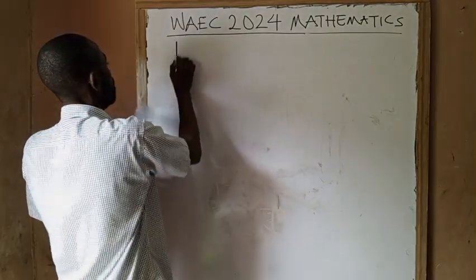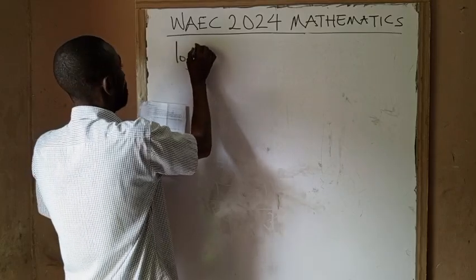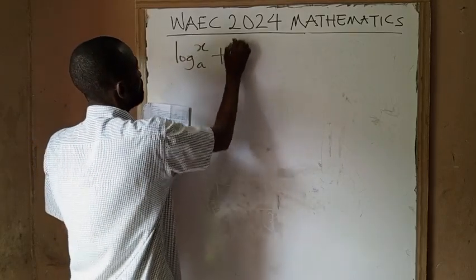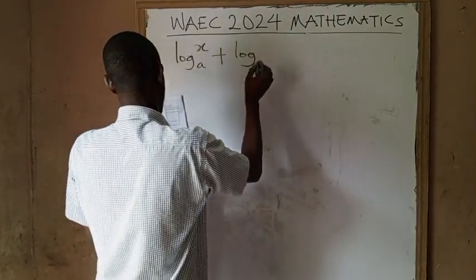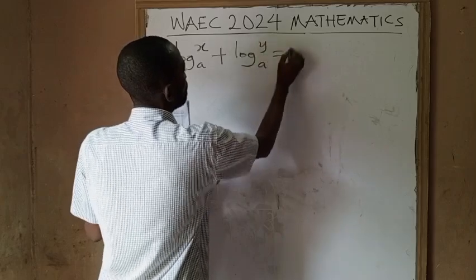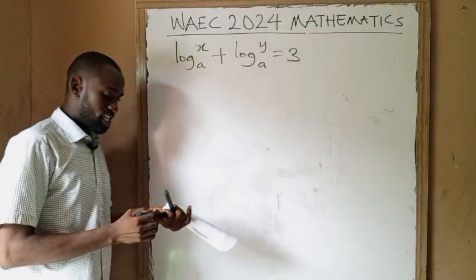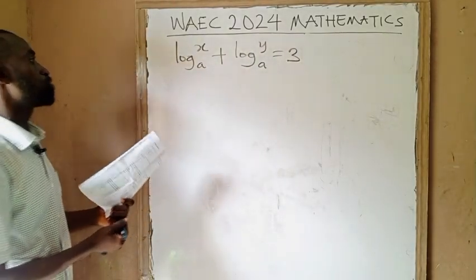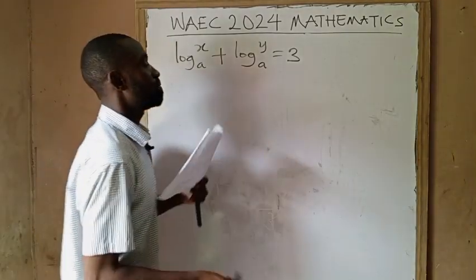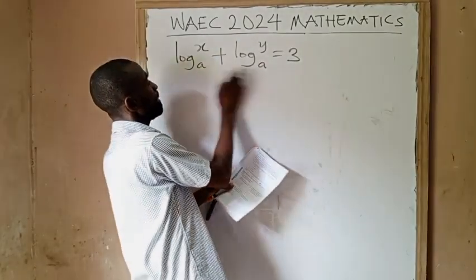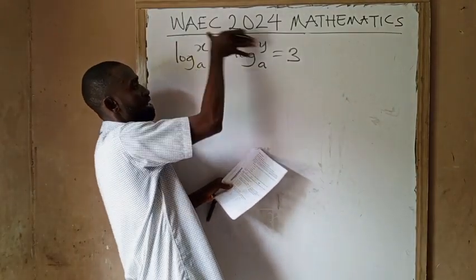Express log of x base a plus log of y base a equals 3 in index form. What are we going to do? From the law of logarithm, if they have the same base and I have addition in between, I'll multiply.